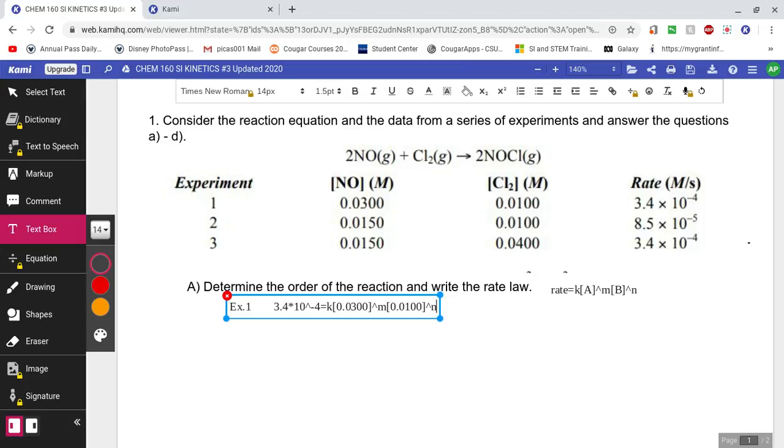Now we'll do this two other times for experiments 2 and 3. Now, a huge misconception at the beginning is that we can simply plug in the coefficients in the equation for the m and n values. Do not do this. This is a mistake that usually happens at the beginning of learning kinetics.